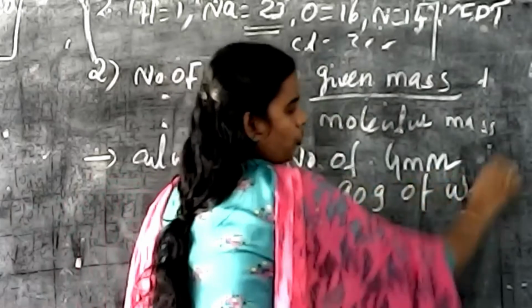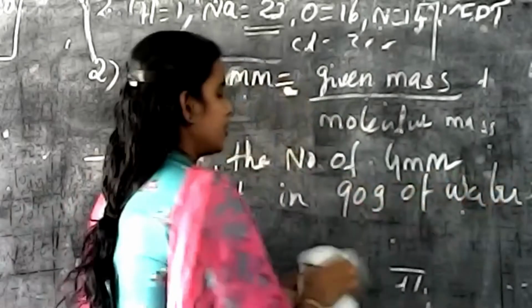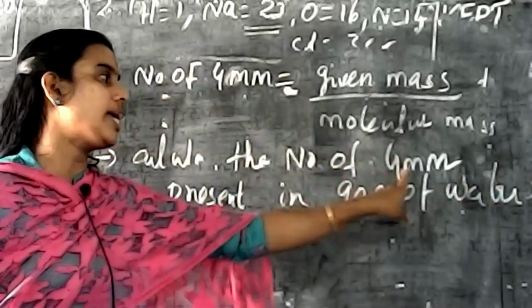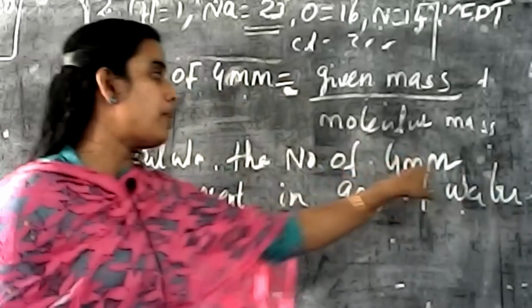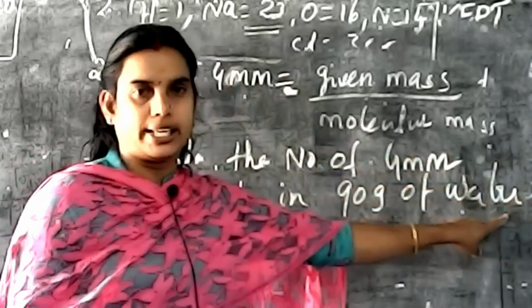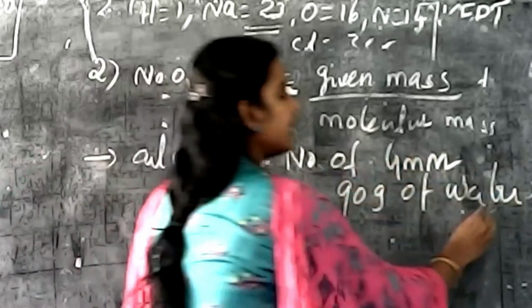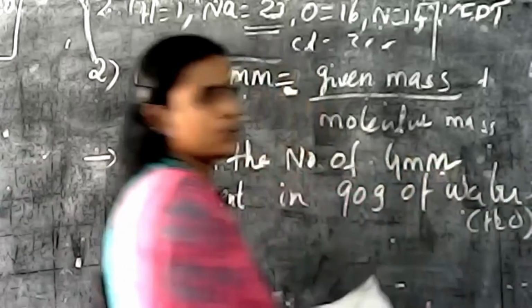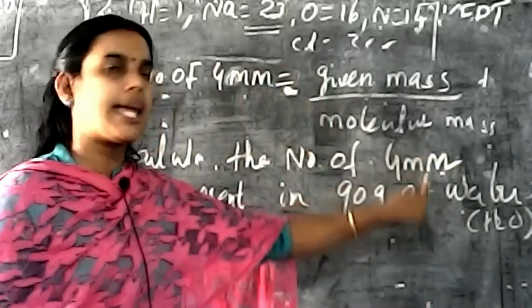So this is the question. Here we have to calculate the number of GMM. Here MM represents molecules. Which molecule is present here? Water. What is the formula of water? H2O. So here H2O represents molecules. That's why we are using GMM.